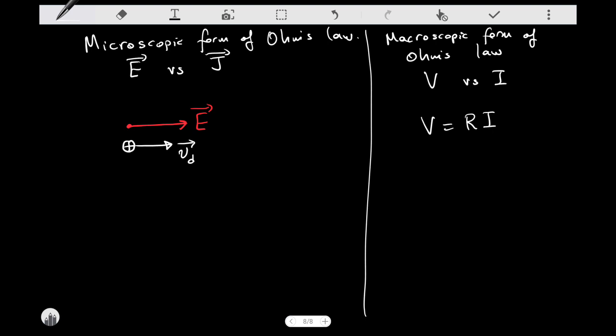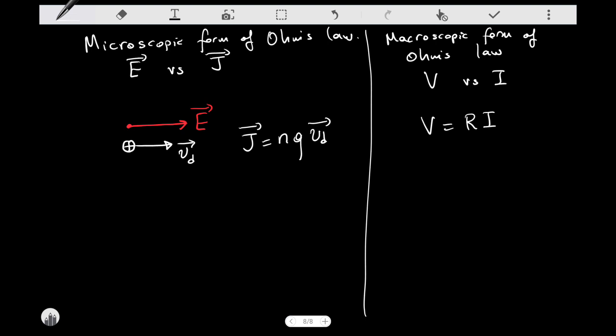So for positive charge carriers, there is a drift velocity parallel to the electric field. Therefore, for positive charge carriers, the corresponding current density is given by this relationship, where we multiply the number density of the charge carriers with the charge of the charge carriers, and then also the drift velocity.